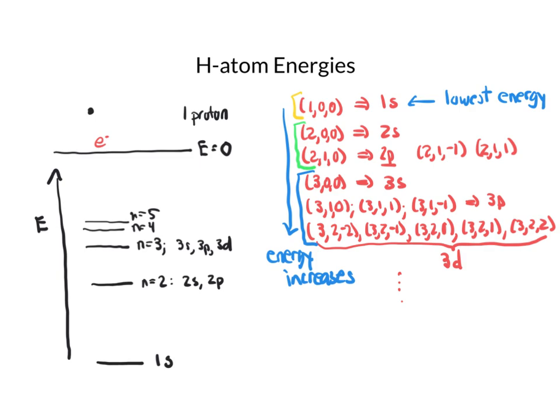And the energy associated with any n level for a hydrogen atom is minus a constant, which we're going to represent as R sub h, divided by n squared. So this R sub h is what's called the Rydberg constant.